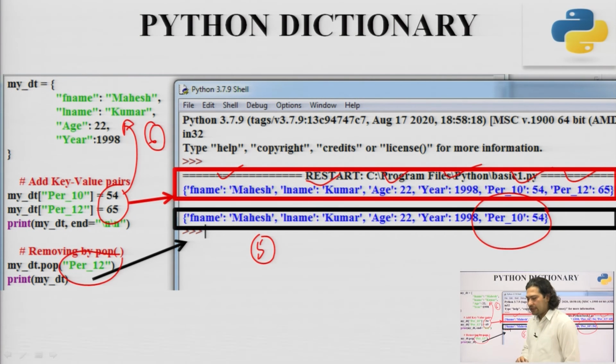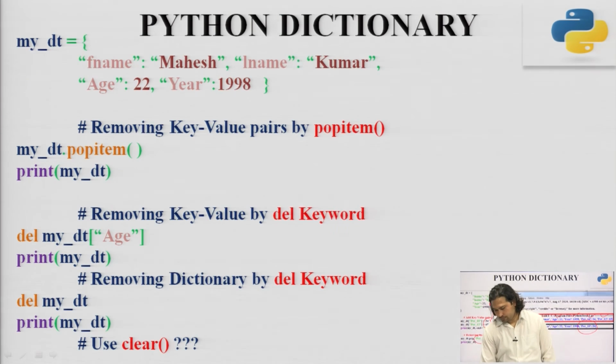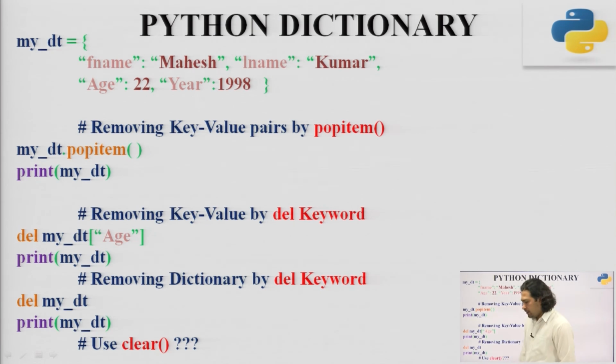So, in this process we have seen how we are going to add the key value pairs and how we are going to remove the key value pairs. One more thing is, the first process for removing the key value pairs is by using the pop method. The second method available is popitem.